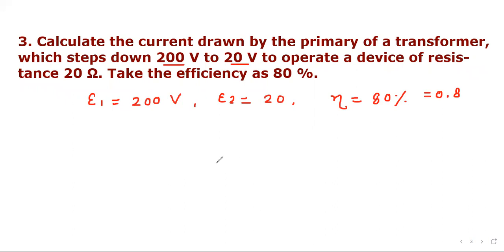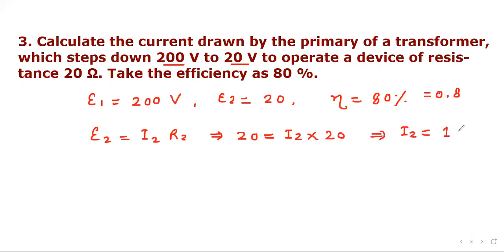Now E2 equals I2 R2. So if E2 is 20, I2 is to be found, and the resistance of the device is 20 ohm, we can get I2 equal to 1 ampere.